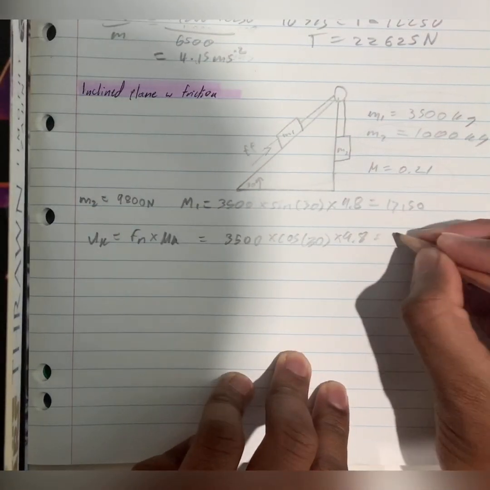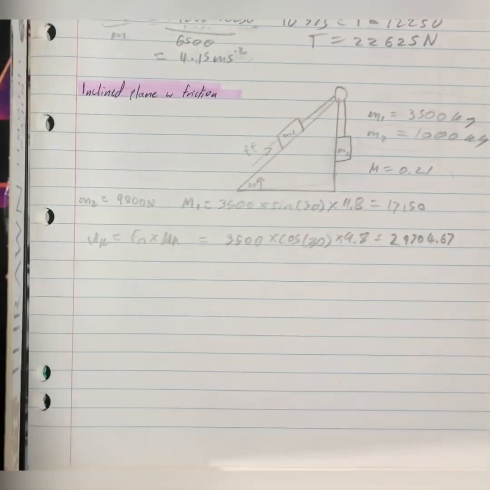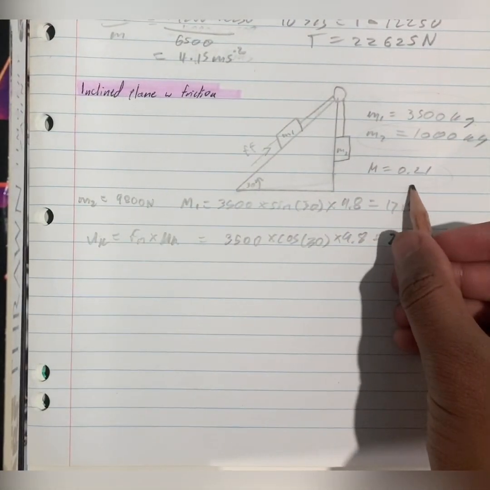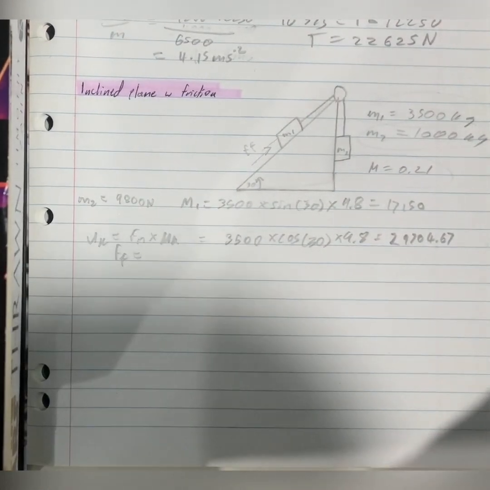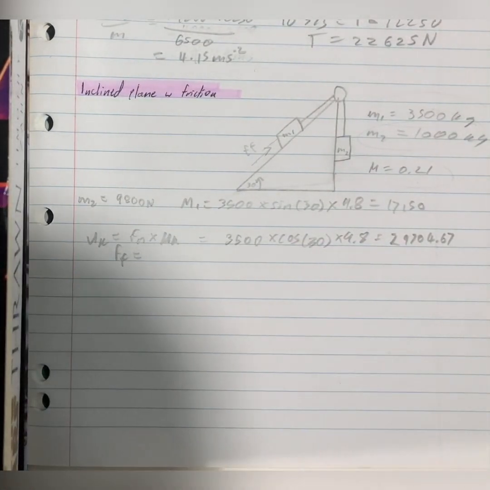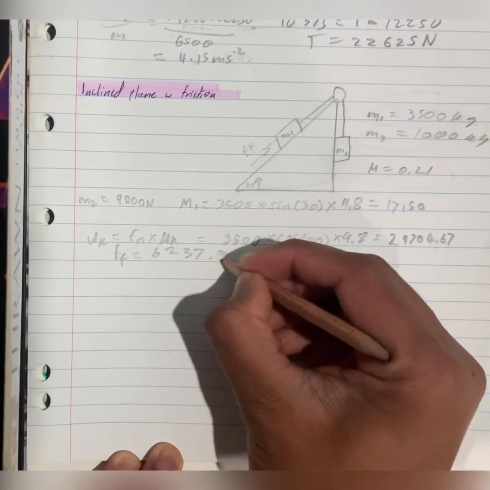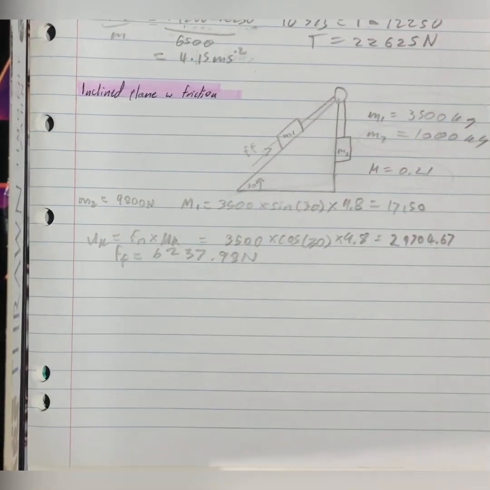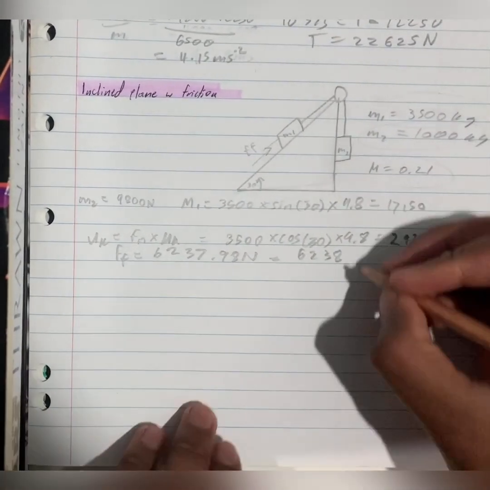So that's just 29,704.67. All we need to do is to multiply that by 0.21. So our frictional force would be that answer multiplied by 0.21, which would give us 6,237.98 newtons of frictional force, which I will round off to 6,238 newtons.